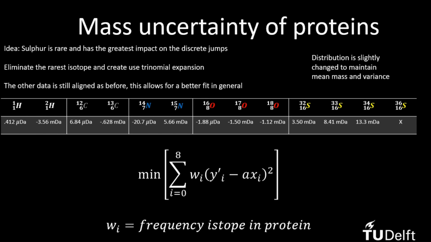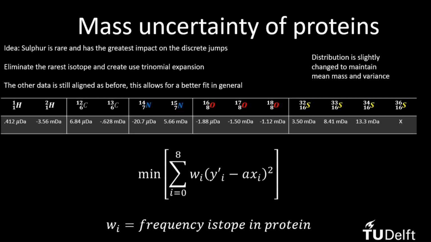Sulfur 34 actually has a probability of 4.2% and sulfur 32 a probability of around 95%, which makes it very spread out relative to all the other isotopes. It gives a good image of what's going on and also clearly indicates the discreteness, which isn't always very neatly maintained in other methods. When you have sensitive measurements, you might be able to see this discreteness, where for the others, you probably wouldn't.